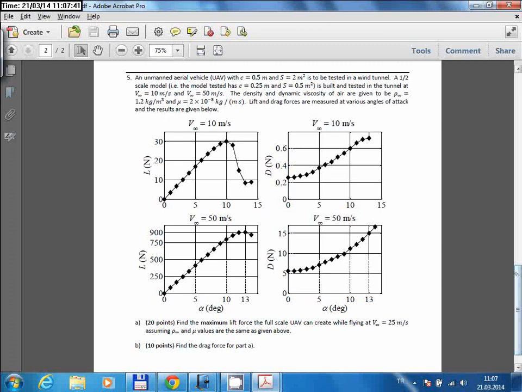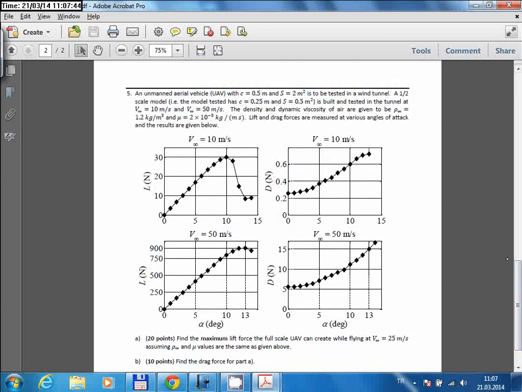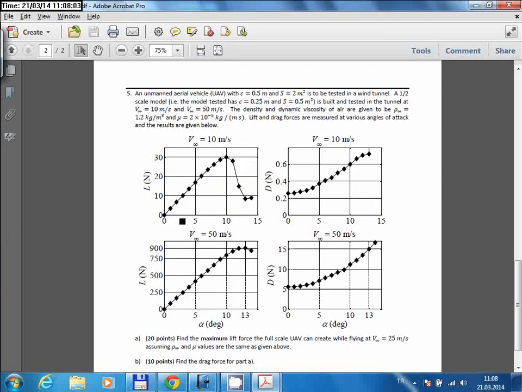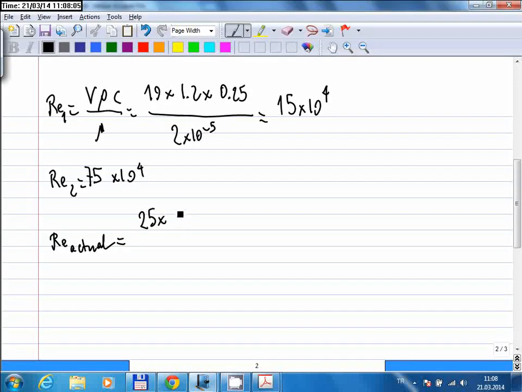And let's see. So this is the speed of the actual aircraft. It's 25. And air density is the same, yes, it's given to be the same. And the chord length is 0.5 for the actual aircraft divided by mu.